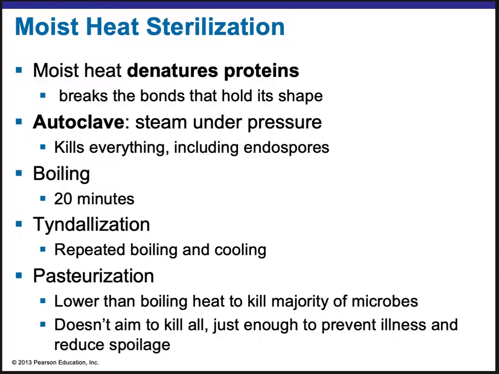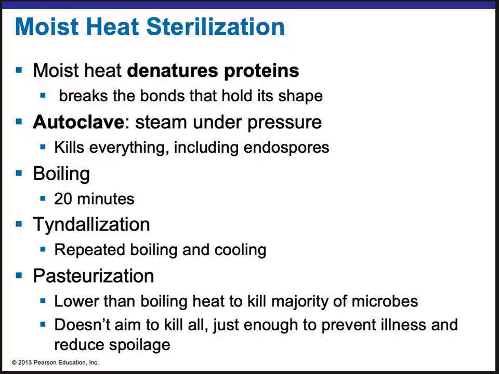So we need to increase the pressure so that we can actually get that steam to be even hotter, right? And it might sound a little confusing, but the pressure means it takes more energy to overcome, to boil, to form steam, and then for that steam to stay together to actually cause that temperature increase.